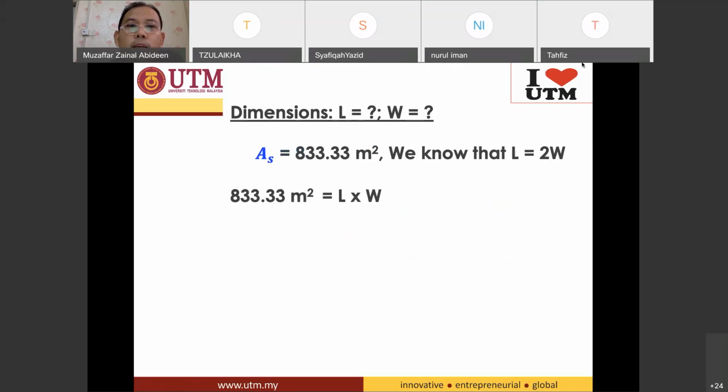So AS is L times W, which is 2W times W, so 2W squared is equal to 833.33. Rearrange: 833.33 divided by 2 and square root the answer, and you will get your W.